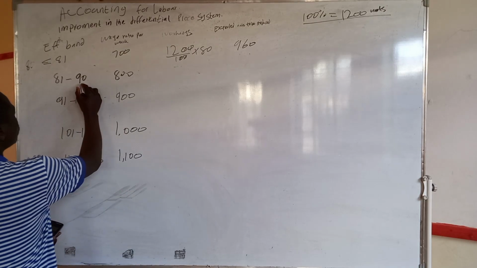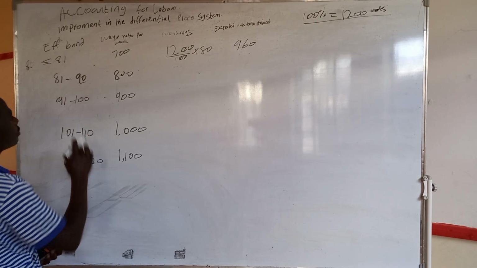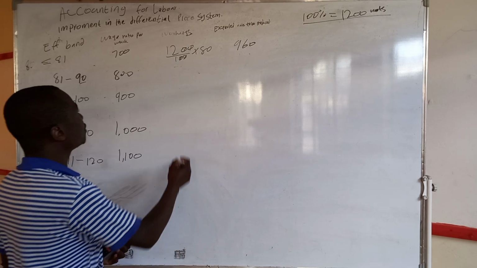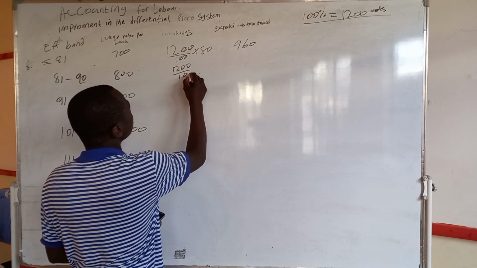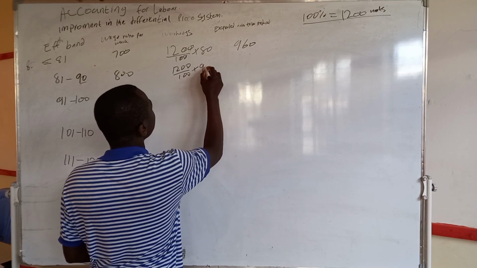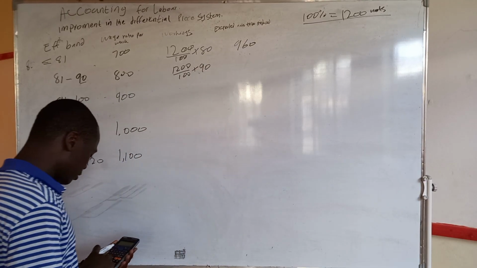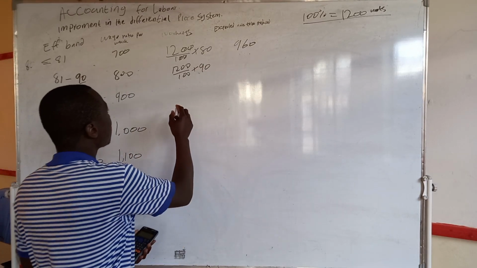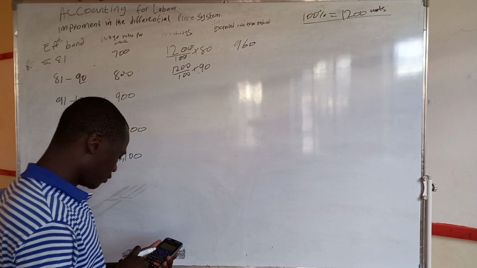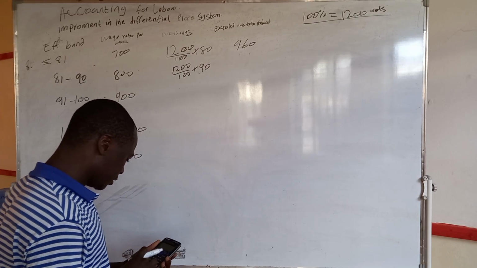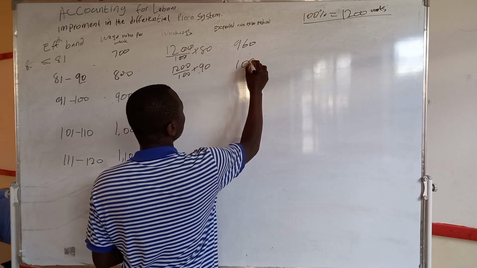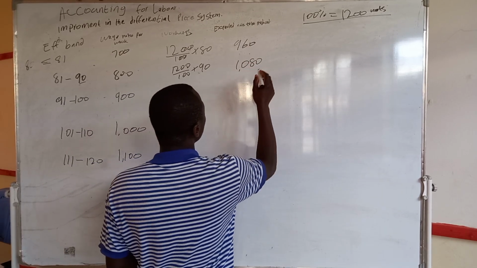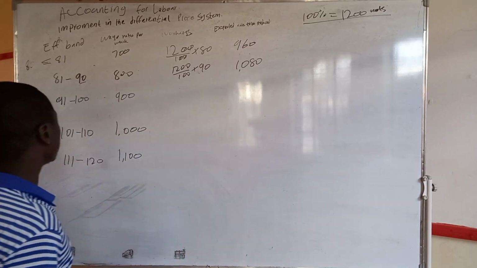Then we have 90. We use the upper part. So 90 would be 1,200 divided by 100 times 90. That is 12 times 90, which is 1,080. These are units.